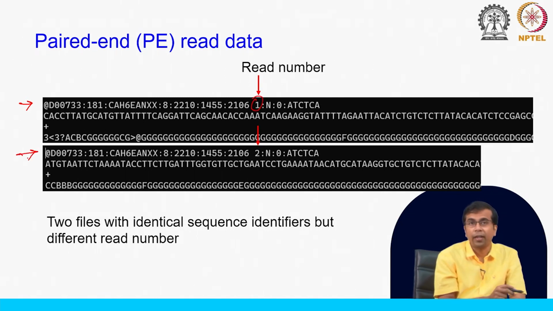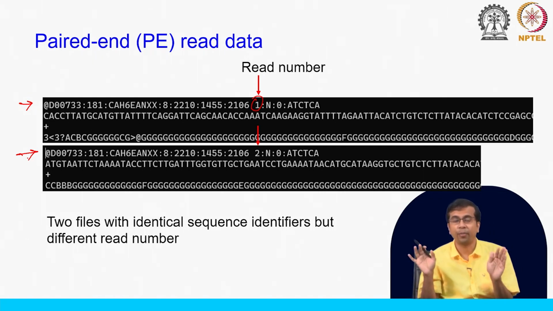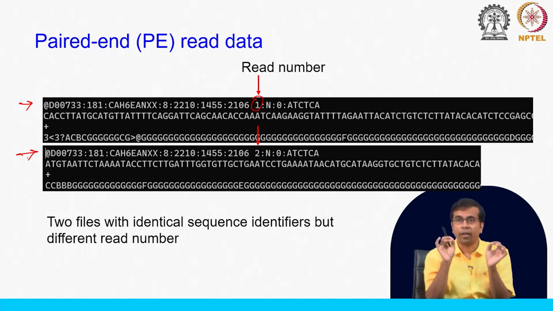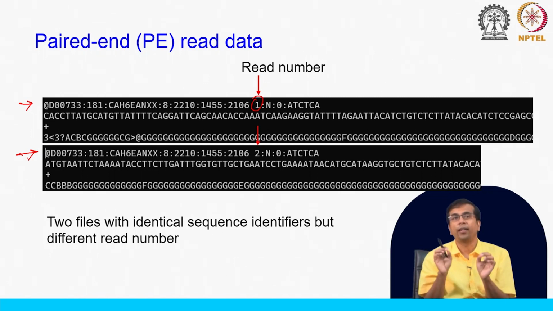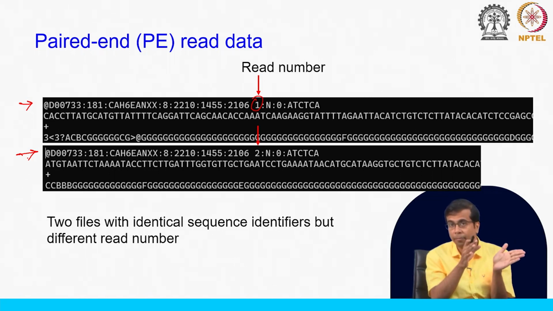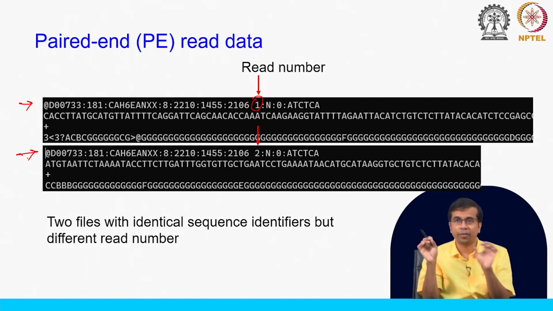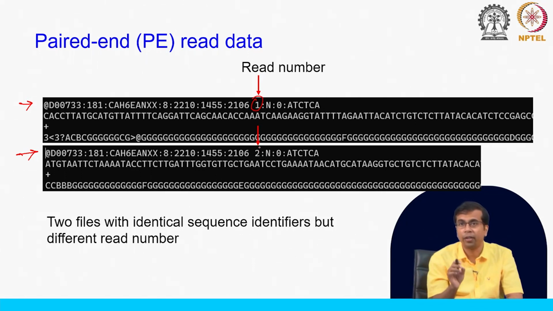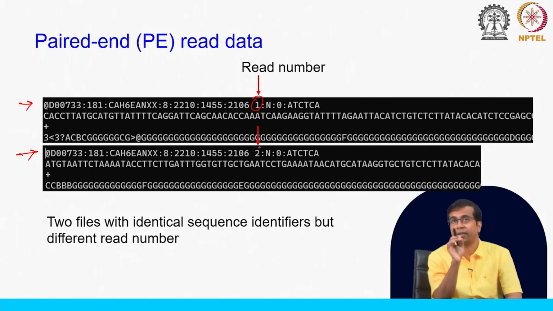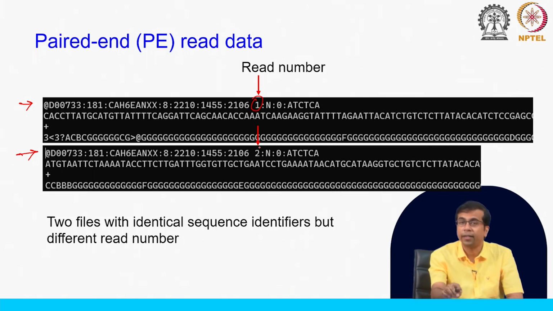And then you have the second one, which comes from a separate file. Remember, you will get to see two files, with some name read1.fastq and the other with the same name read2.fastq. This read number will be reflected in the file name as well as in the header line.